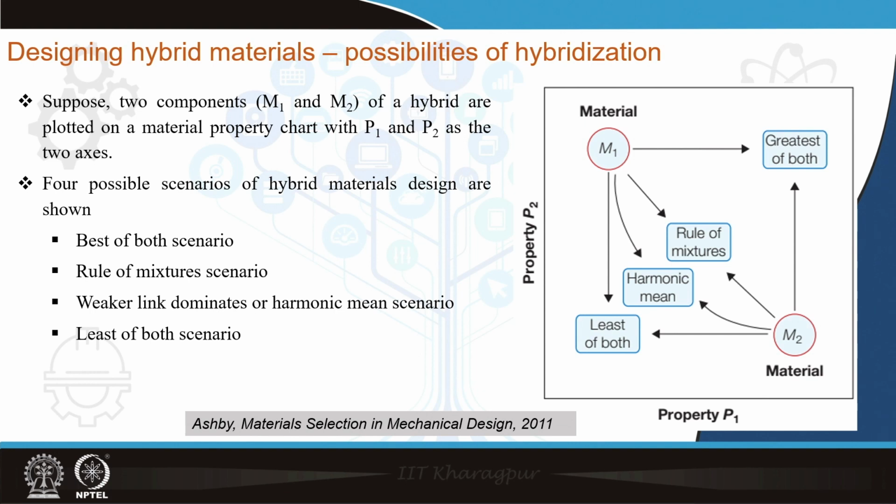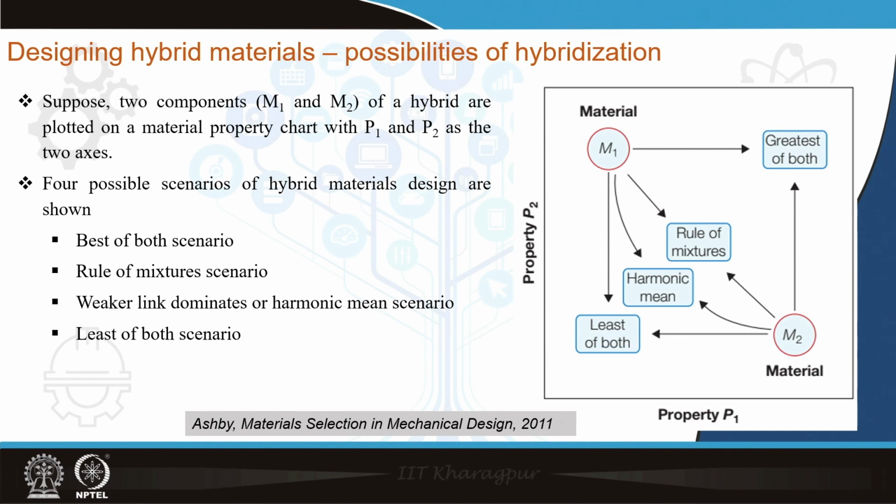We have here two materials. As you know, a hybrid material is generally a combination of two or more materials. Here we take the simplest case, where two materials, material 1 and material 2, are combined to give one hybrid material.